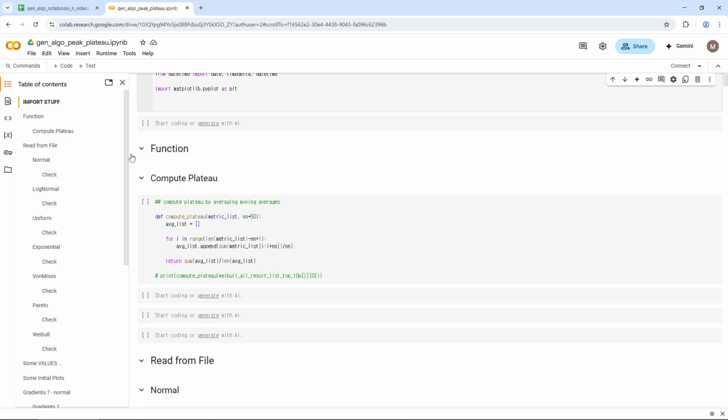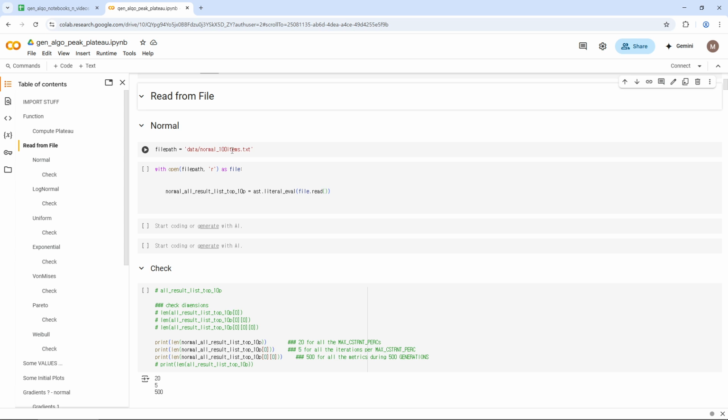You'll see why I did that, as I've saved 7 all result lists for the top 10% as a text file, and in this notebook I read those in and I used ast.literal_eval, so that it would just convert what it read directly into a Python list of lists. Yeah, I think that's the right way of saying it.